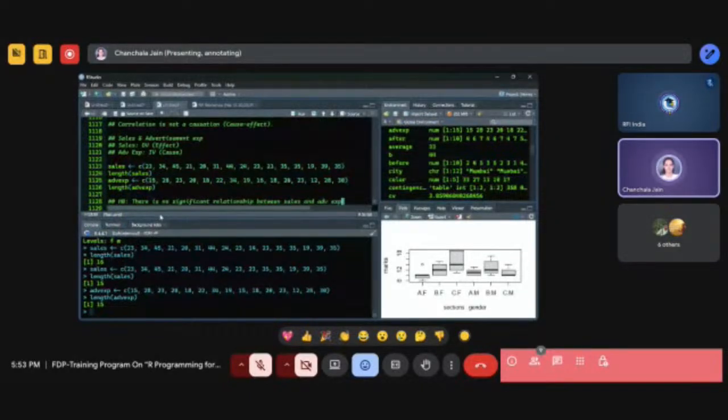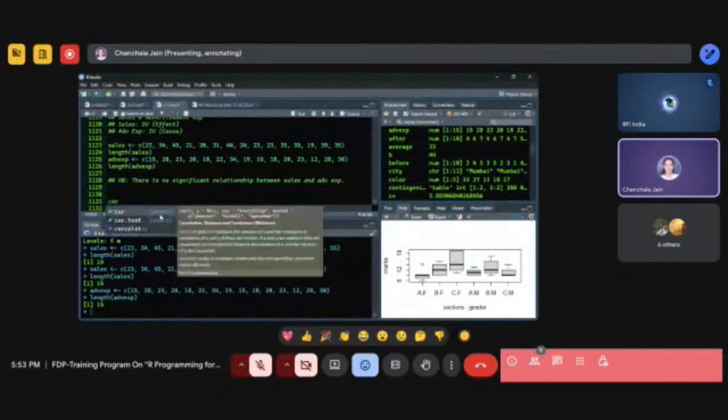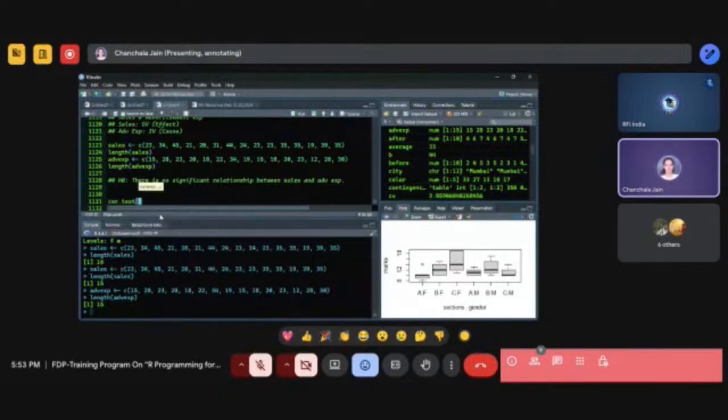Right? This is my null hypothesis. Now to test this, I am using the function known as cor.test. Right? I need to pass my two variables, so I am taking here advertisement expenditure and sales.